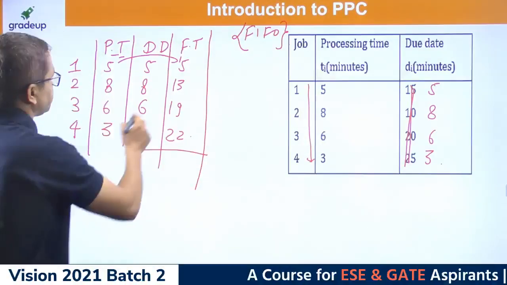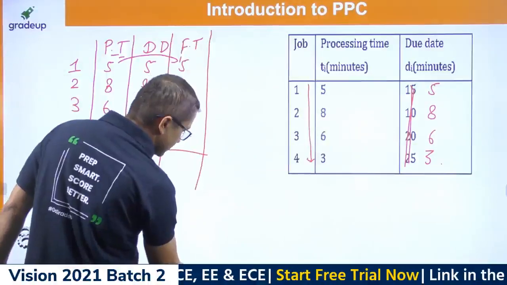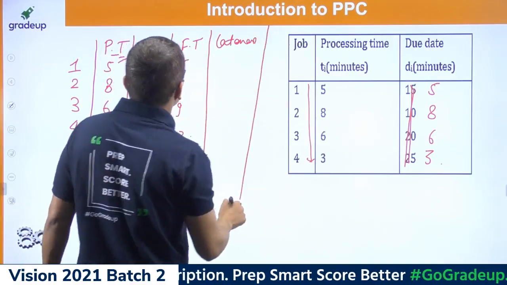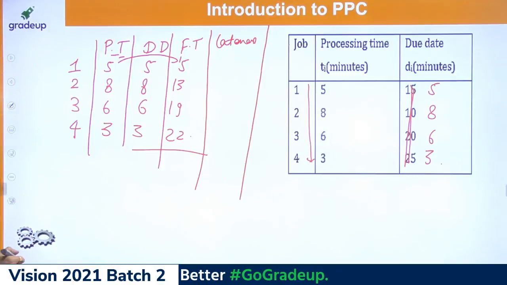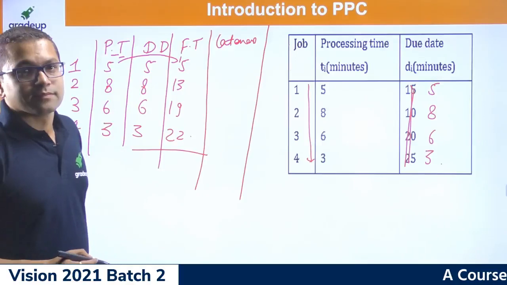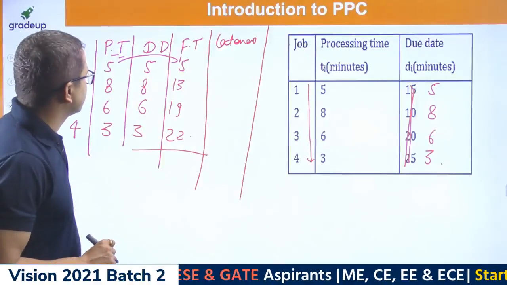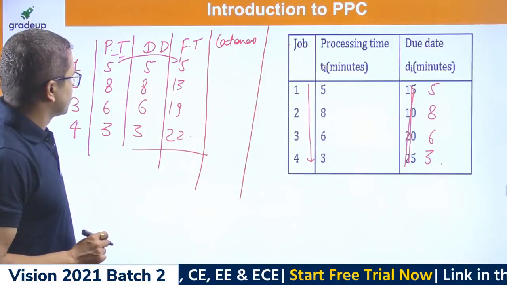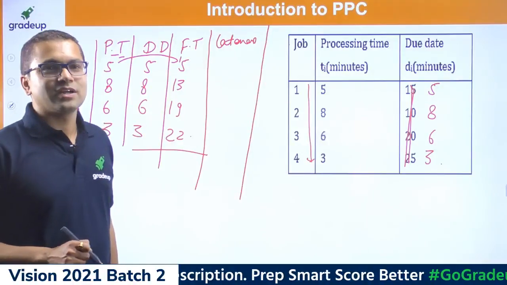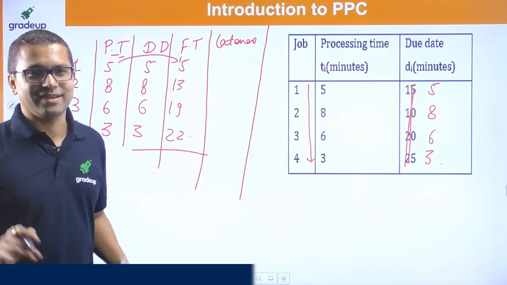Now I'm going to write lateness. Just tell me how many jobs are late. How many jobs are late, guys? Can you please tell me? Sunil Kumar gave an answer, and I think he is right.